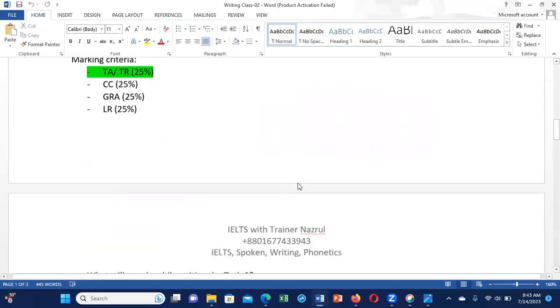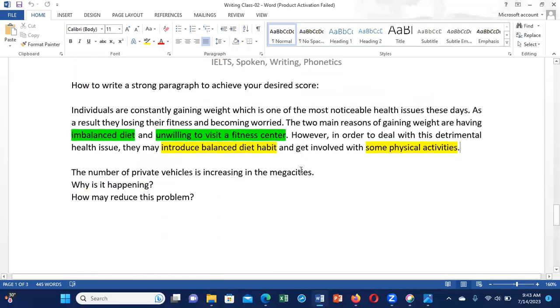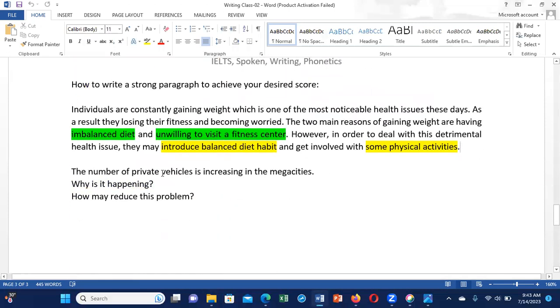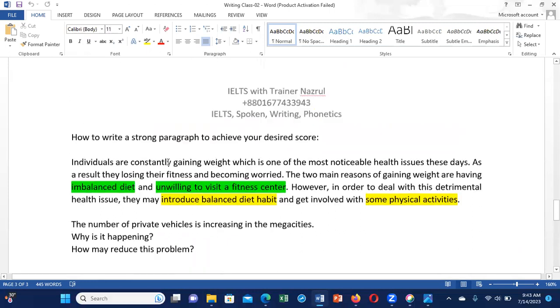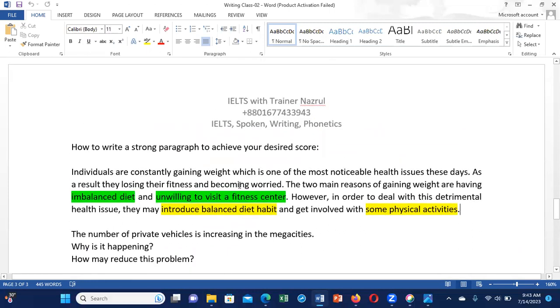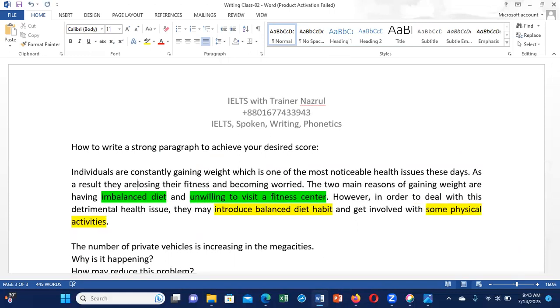All right. So here we have a question that I can remember: individuals are constantly gaining weight, which is one of the most noticeable health issues these days. As a result, they are losing. Just see the mistake. There we need a verb.